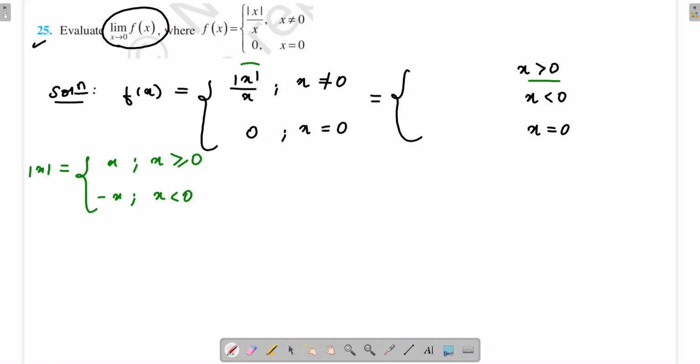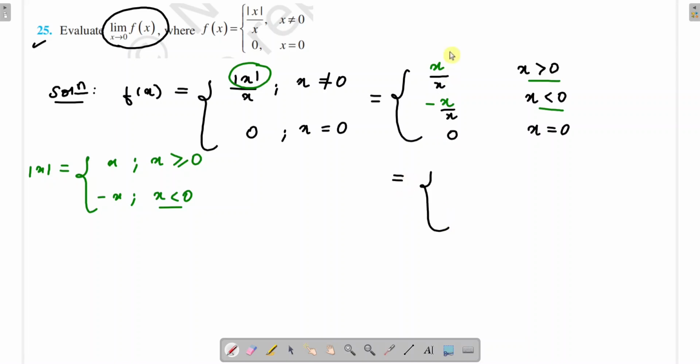X. So this modulus of x will become x, right, then divided by x. Okay, when x is less than 0, what is the definition for modulus of x? Minus x. So this modulus will become minus x, right, divided by x. Right, now x is equal to 0, it is 0.